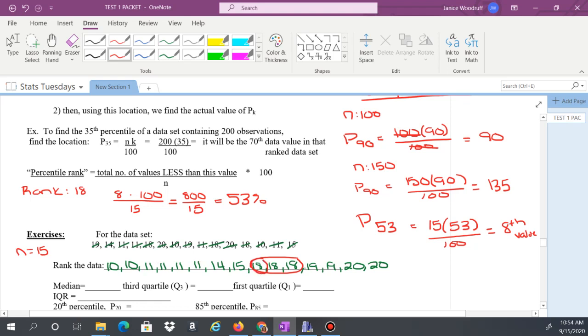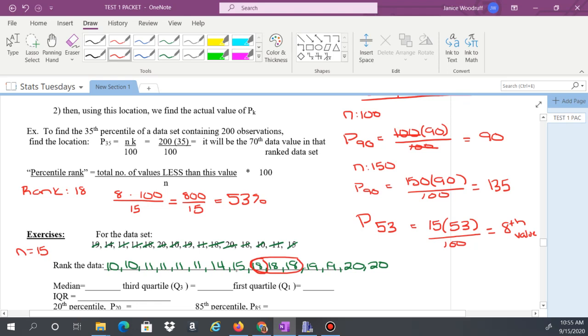The value in the 8th position is the number 18. Okay, so it's almost like it's backwards. They're reworked equations. So one is to find the location of the percentile. The other is to find the percentile based off of the value. In order to do that, you have to find the location first.